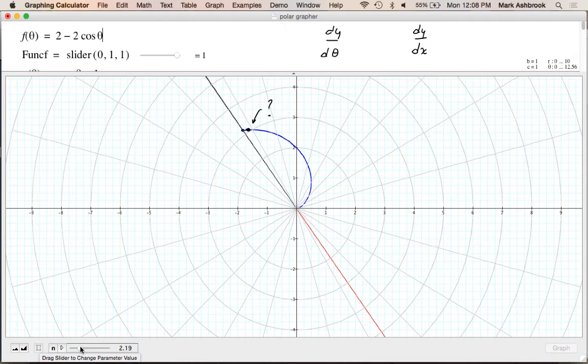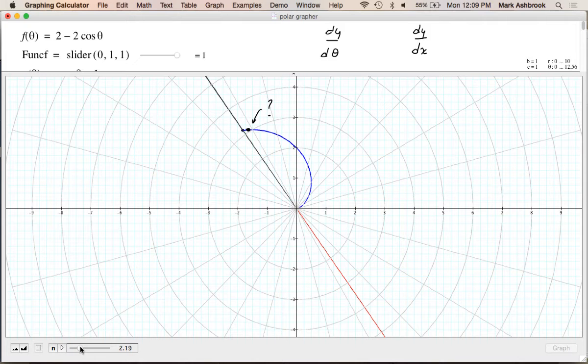Okay. What about dy dx equals 0? Is that true at that point? Do we need to turn the function into y and x to answer whether dy dx equals 0 there? What's the reasoning behind that?